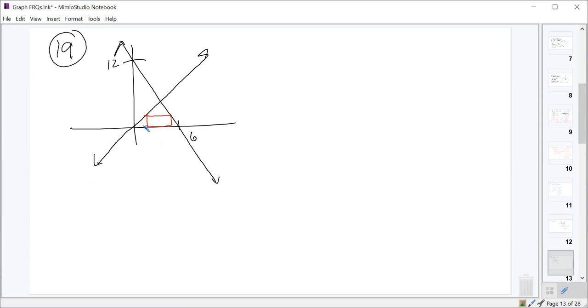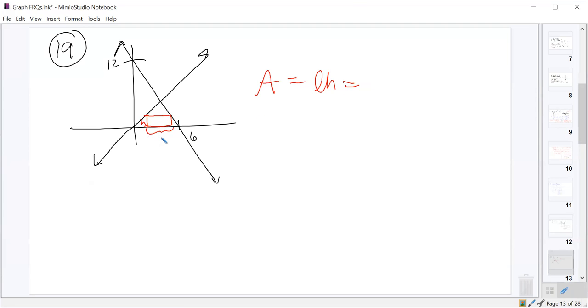So what do they want us to find? The area of the largest such rectangle. So we want to maximize the area of that rectangle. Let's think here for a second. Our area of that rectangle should come from whatever this length is times whatever this height is. We'll just call it length times height.